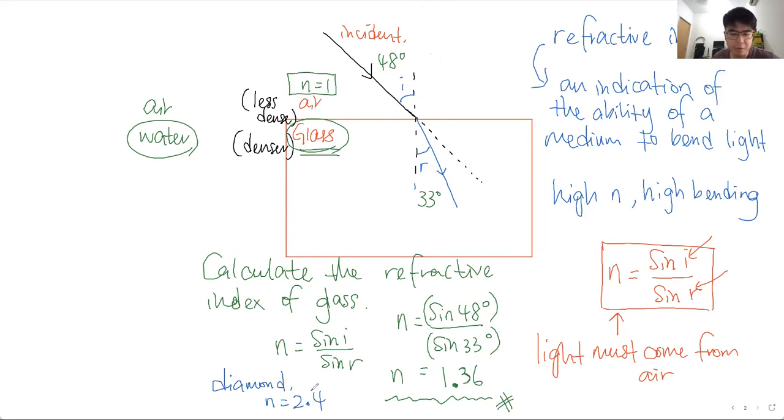All the light that enters the diamond will be bent very close to the normal. The bending happens very greatly. You can see the refractive index of each medium in your textbook. If you look at page 183, on top you see a small table. You have medium: water, glass, perspex, and then diamond.